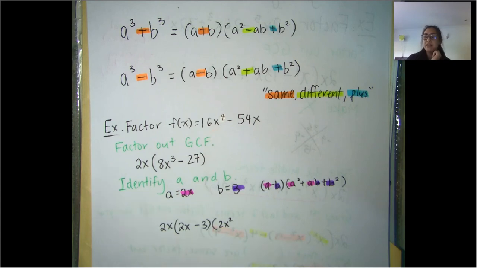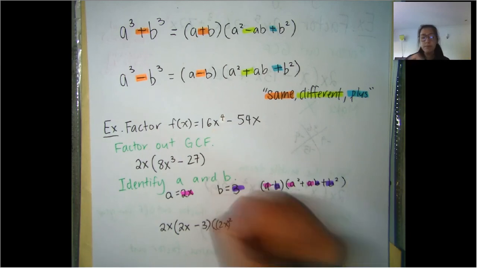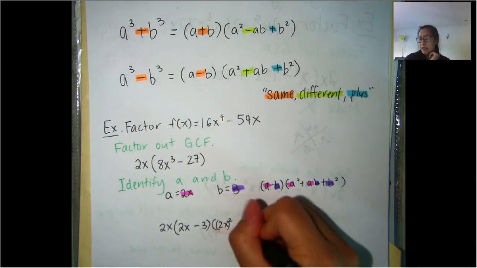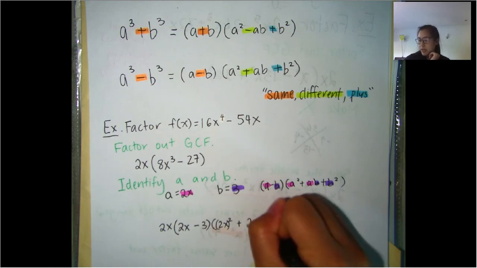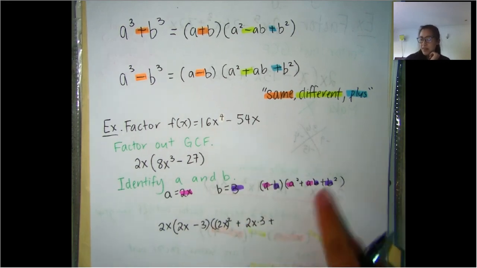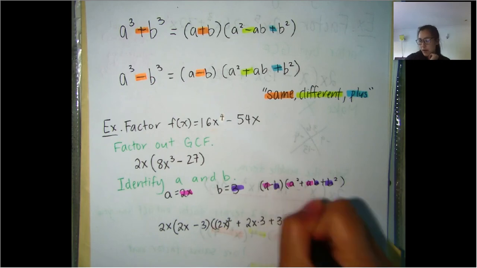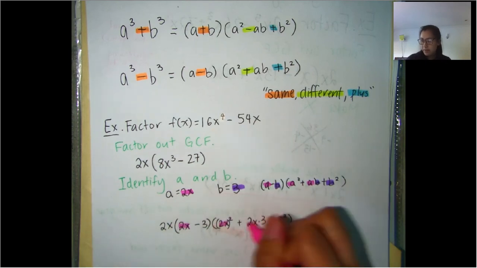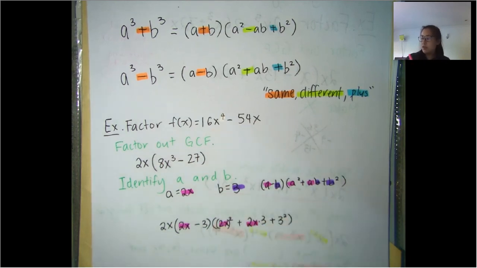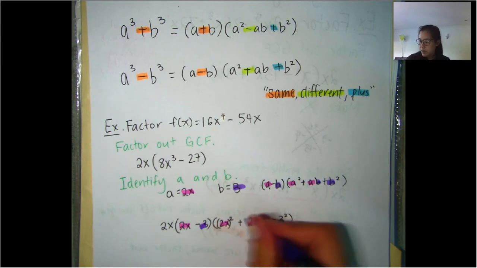Really, it is 2x in parentheses all squared. And then plus AB, so that's 2x times 3, and then plus B squared, which is 3 squared. I'm highlighting where we substituted in the 2x and the 3.